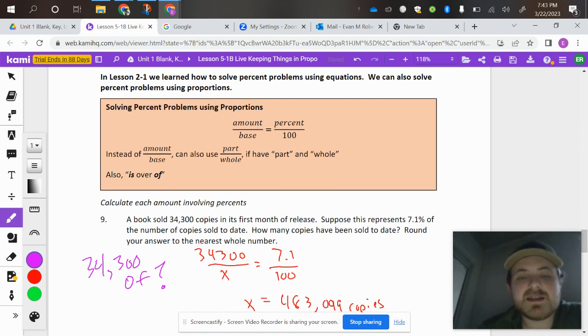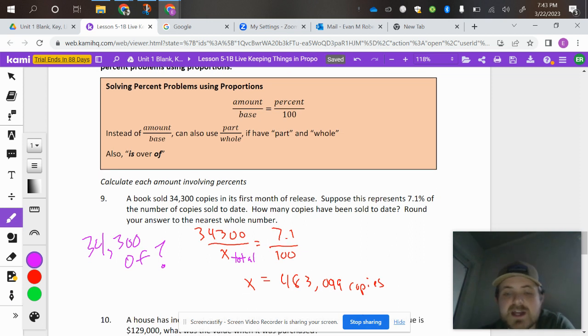And again, it's not the total. That total, I like the word total more personally, is what we're looking for, and it would have been 483,099 copies that is found there. Again, you would have got that by cross multiplying and then dividing by 7.1.